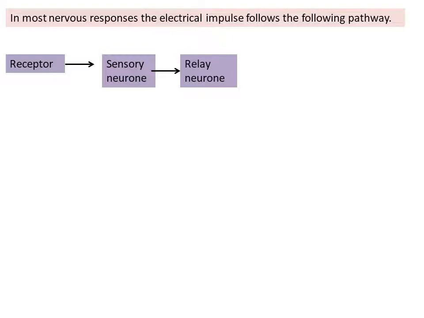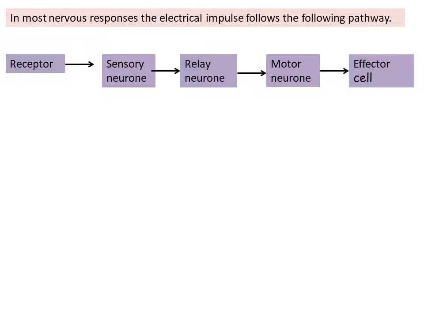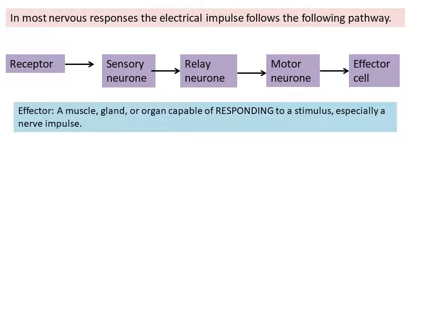And the relay neuron might be taking up lots of information from lots of different sensory neurons and coordinating that information. That's going to be then passed on to a motor neuron, and the motor neuron will then be attached to an effector, and that effector will cause a response to occur. So an effector could be something like a muscle or a gland or an organ that can respond in some way.